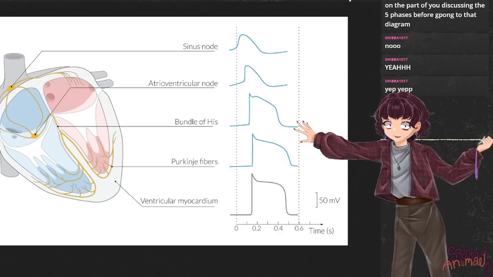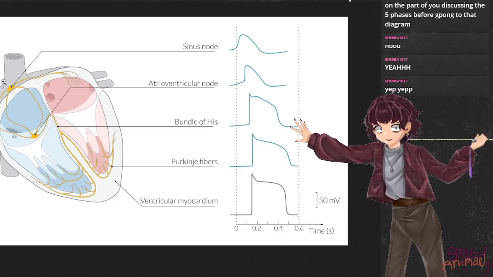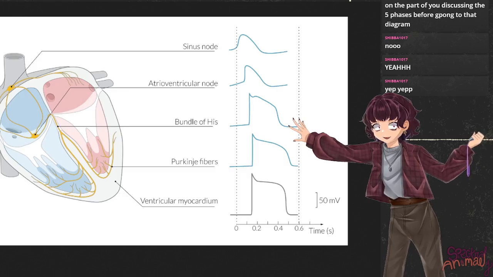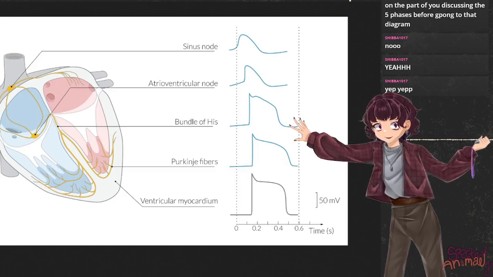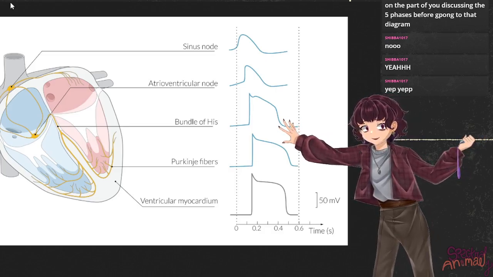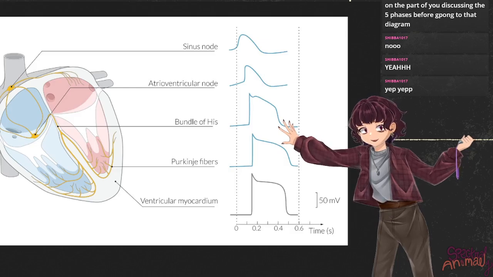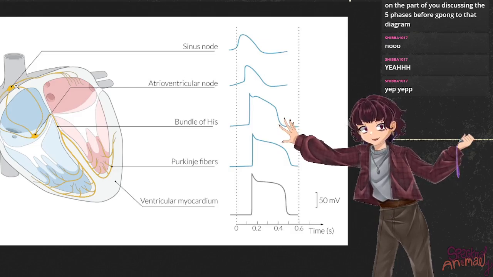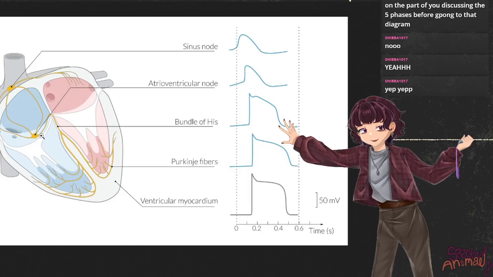As is visible, we start at the top. We start at the SA node, the sinus node, sinoatrial node. Then we go down to the AV node, from atrioventricular. Sinoatrial is up here, then we go down here. Bundle of His, it's in that septum, it goes down.